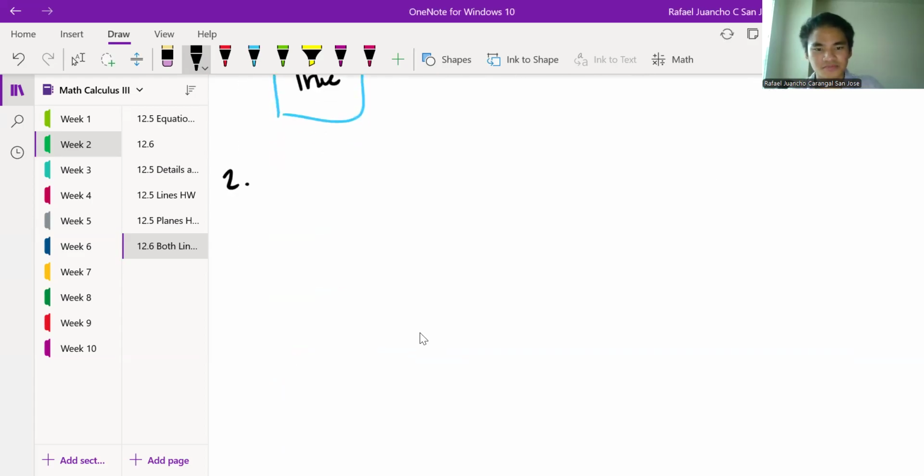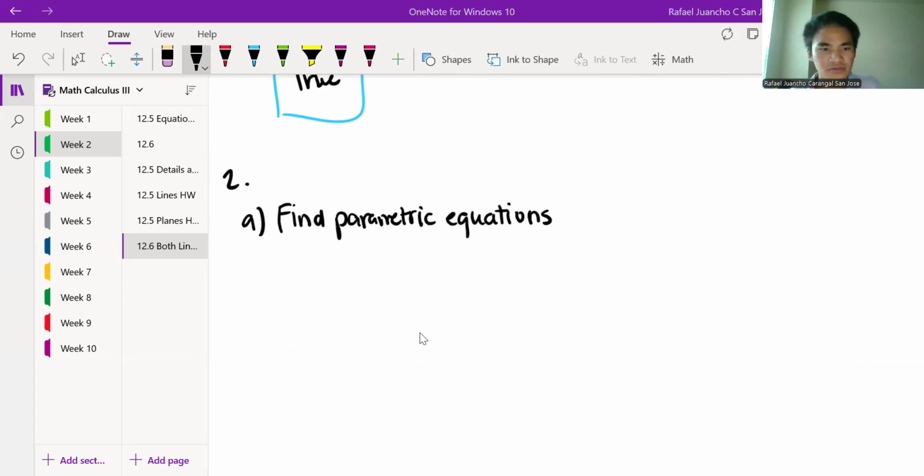Okay, so here we're gonna start off with finding equations of lines. We're gonna find parametric equations for a line through the given point (3, 1, 8).